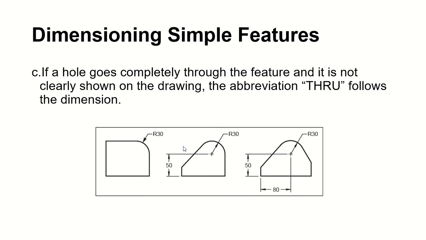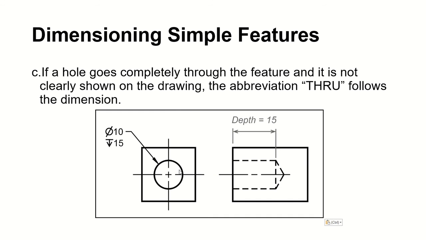If a hole goes completely through the feature and it is not clearly shown on the drawing, the abbreviation through follows the dimension. What does it mean? I think we got the wrong picture, so let's put it back in.